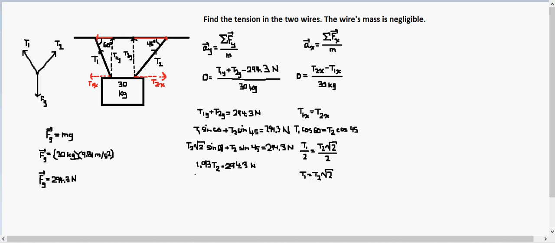Divide that by 1.93. If you really want the exact amount, use the value stored on your calculator. So T2 equals 152.3 newtons.